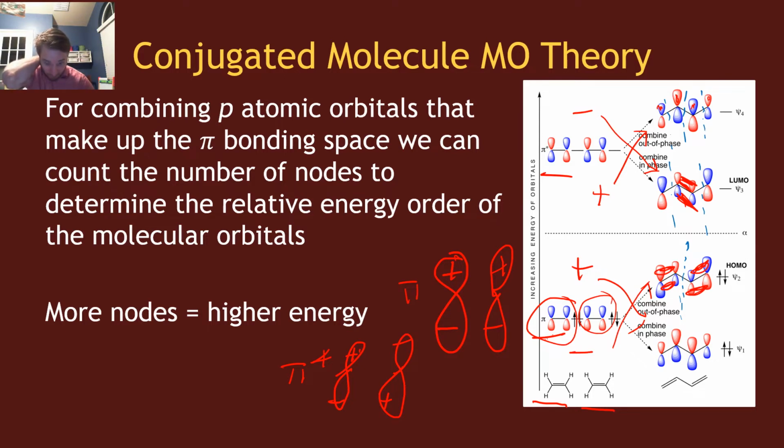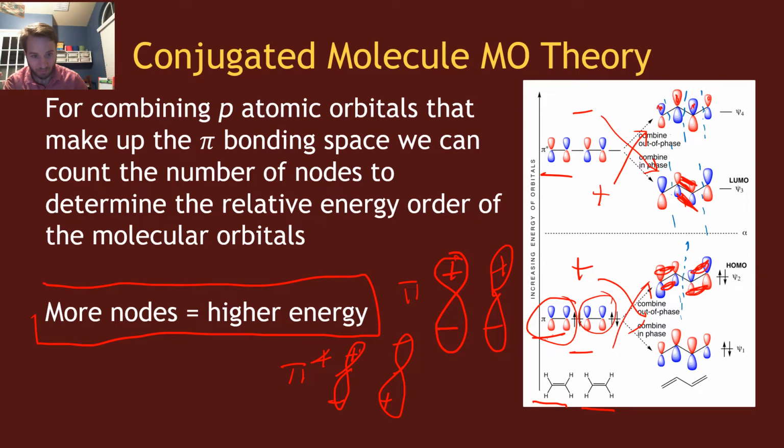There's a very simple way to at least roughly organize the energies of your pi orbitals, and it's just this idea: the more nodes you have, the higher energy your orbitals are. We've talked about this when we talked about particle in a box. The more nodes you have, the larger curvature your wave function has to have.